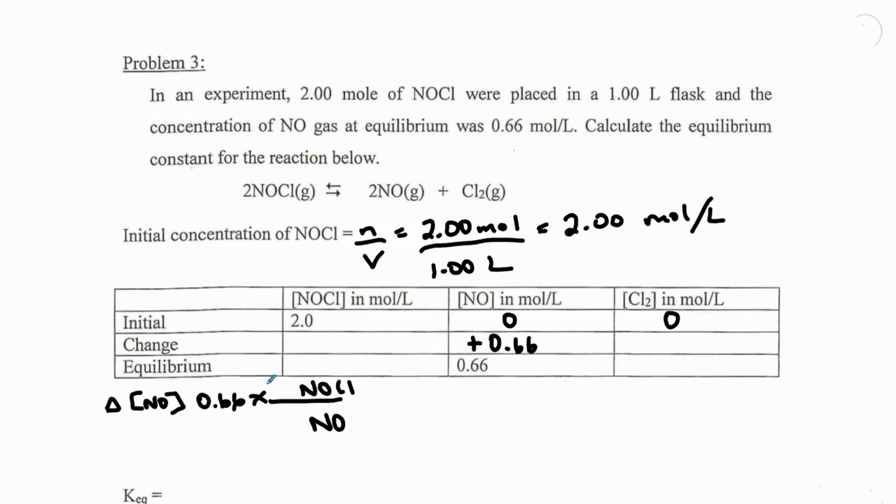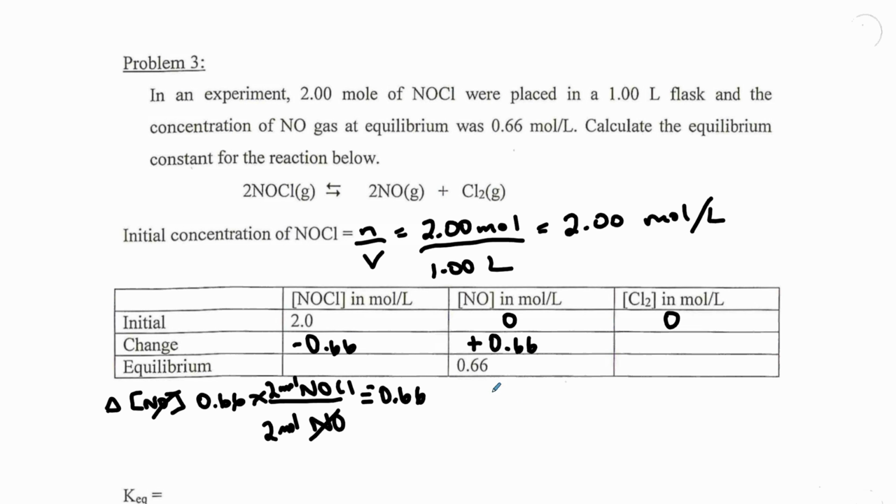And I've got a coefficient of 2 here, so 2 moles, and a coefficient of 2 here, so 2 moles of NO. So it's a 1-to-1 ratio. So it's not going to change that value at all. So that's going to stay as 0.66. But because it's a reactant, it's a negative change. So I'm going to put negative 0.66 there.